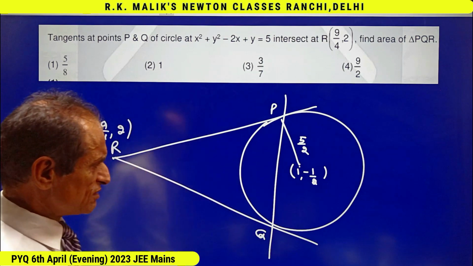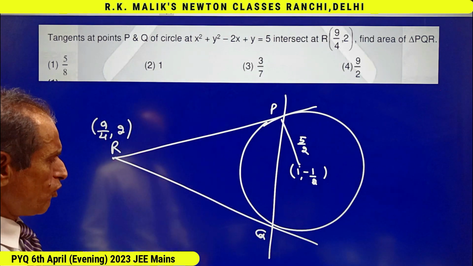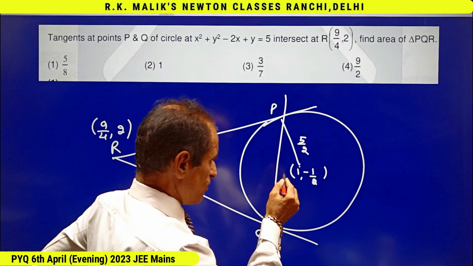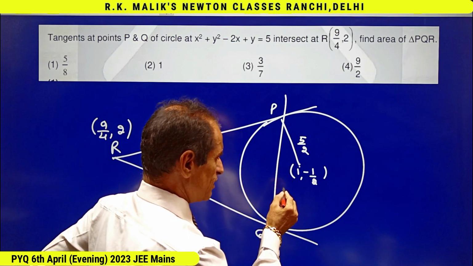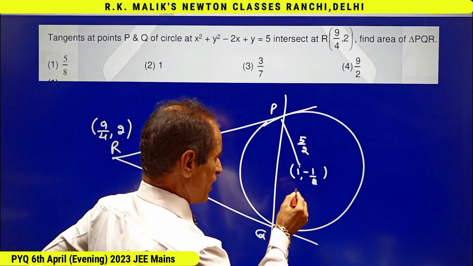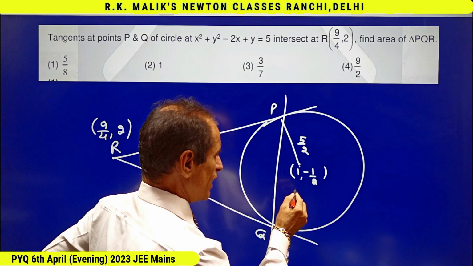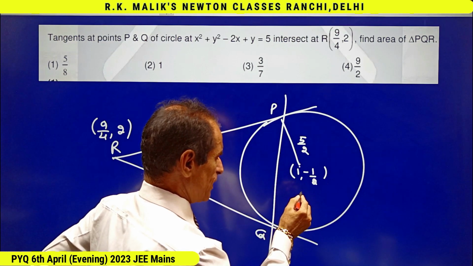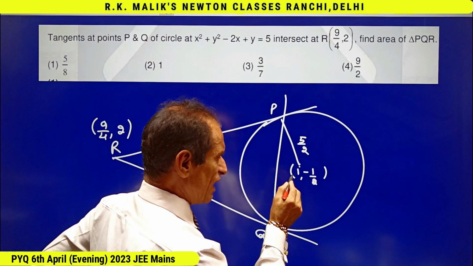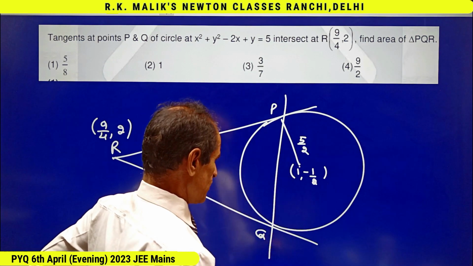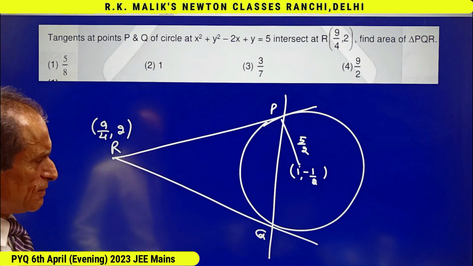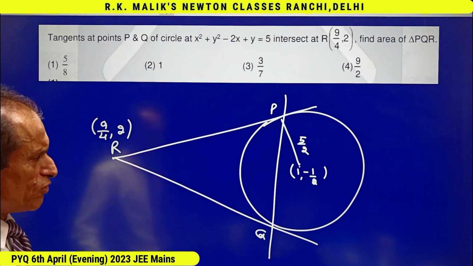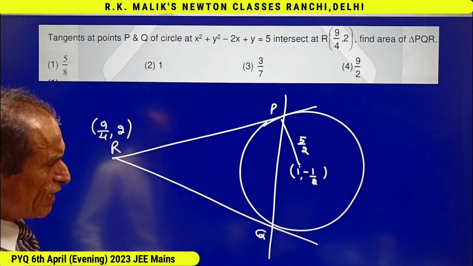To make the question simple, I am shifting the origin to the point (1, −1/2). That is, to find the new coordinates of any point, subtract 1 from x coordinate of every point and subtract −1/2 from y coordinate of every point. Subtract −1/2 means add 1/2. That is, in every point, subtract 1 from x coordinate and add 1/2 to every y coordinate.